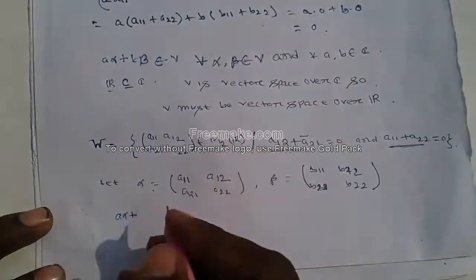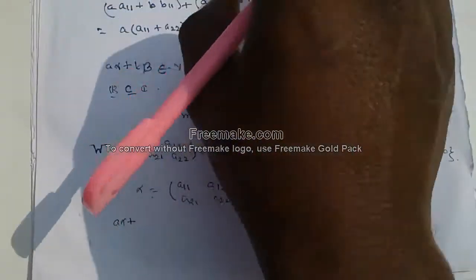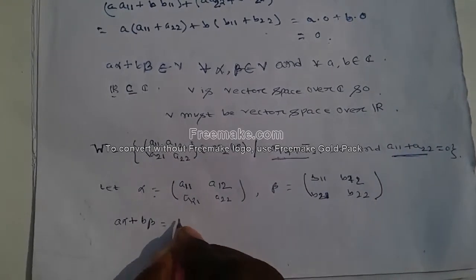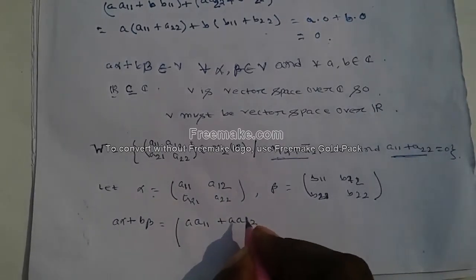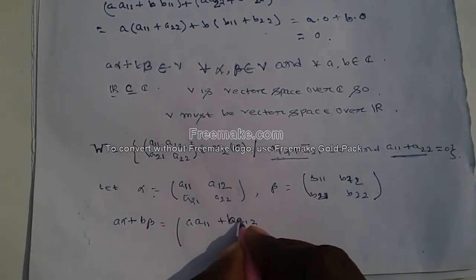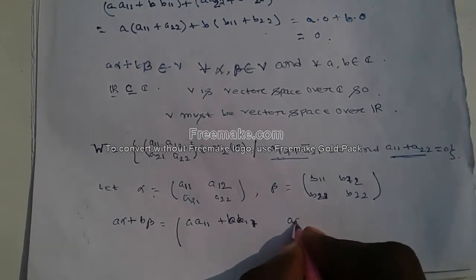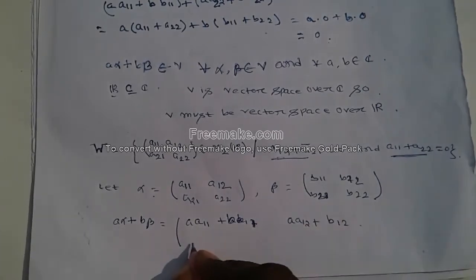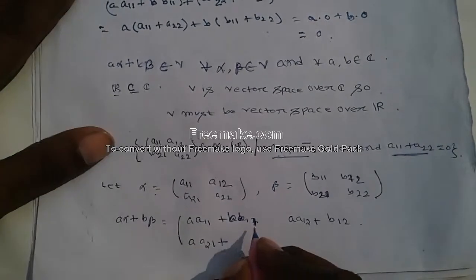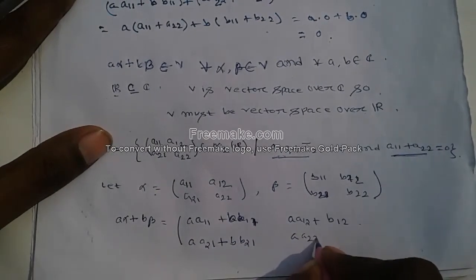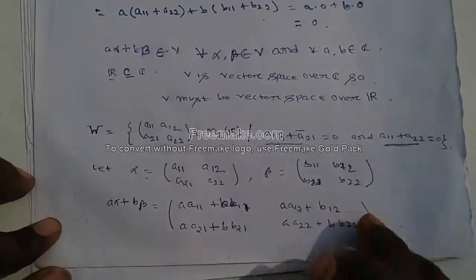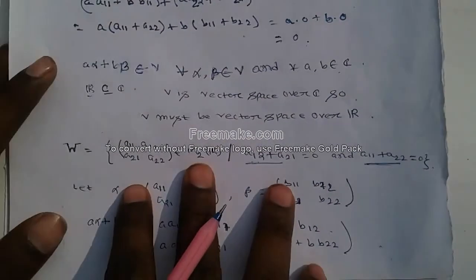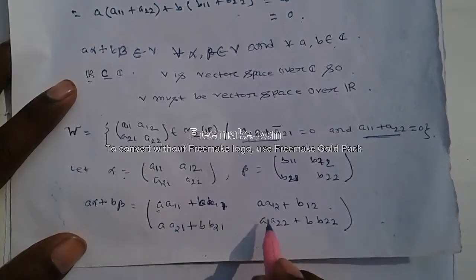In the previous case, we saw that a alpha plus b beta equals a·A11 + b·B11, a·A12 + b·B12, a·A21 + b·B21, a·A22 + b·B22. Now the condition is this entry plus the conjugate of that entry.